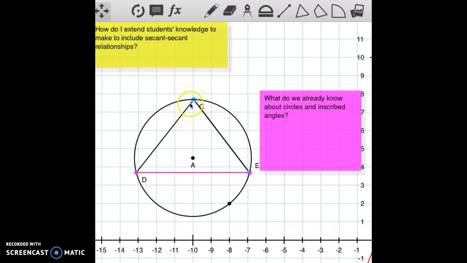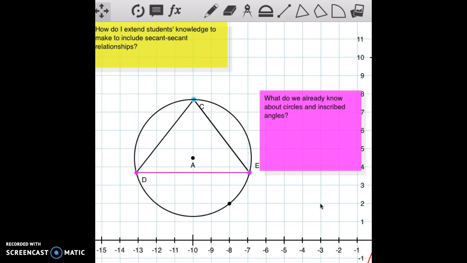So if they know these two, they'll be able to figure out what D and E is.